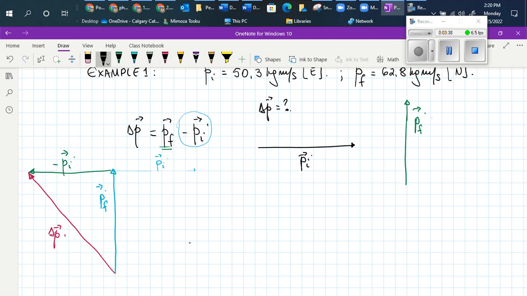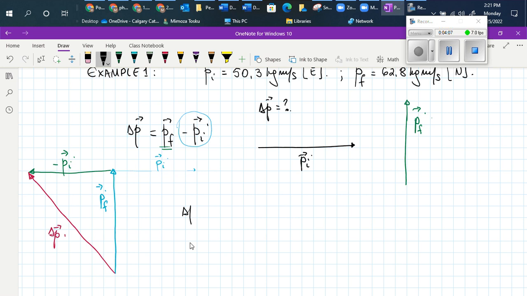Now, to identify the value of the change of momentum along with the direction, so the magnitude and the direction, we will draw the table of components, or since we are going straight north and west in this case, we can even use the right angle triangle, solving for the hypotenuse.